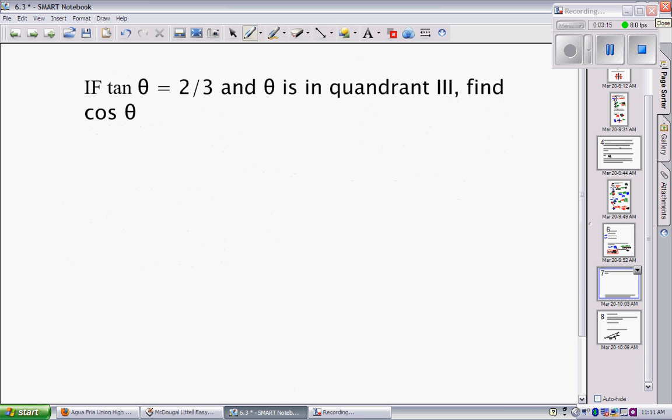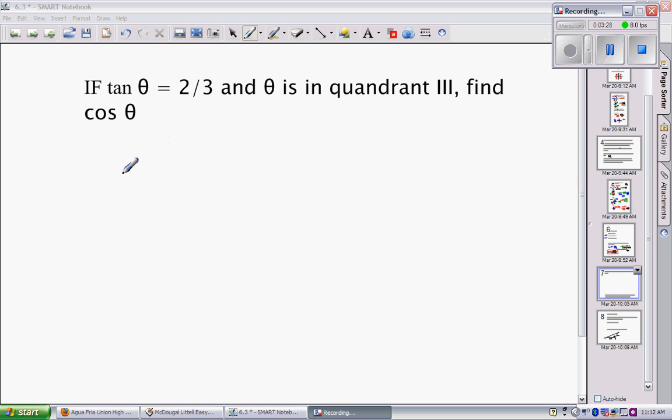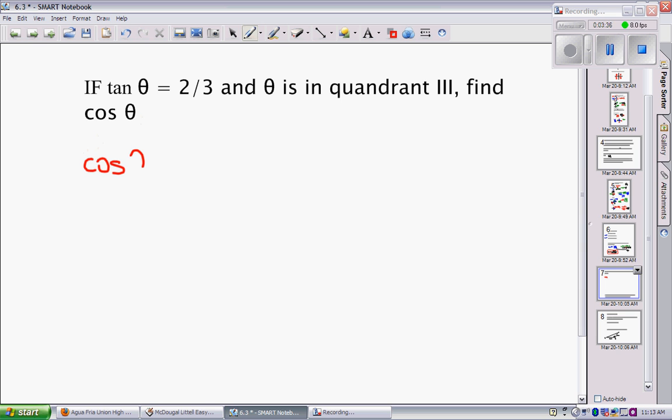Our next example is if tangent of theta equals 2/3 and theta is in quadrant 3, we want to find the cosine of theta. So our goal is to get everything in terms of cosine. So then we have to look at the identity that has tangent, and that identity is tangent squared theta plus 1 equals secant squared theta.